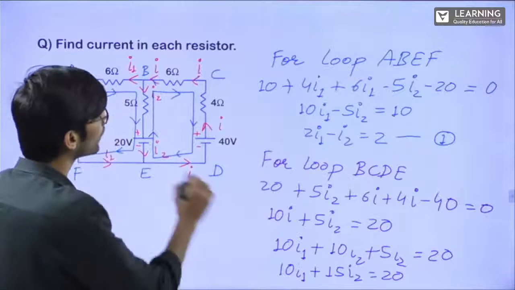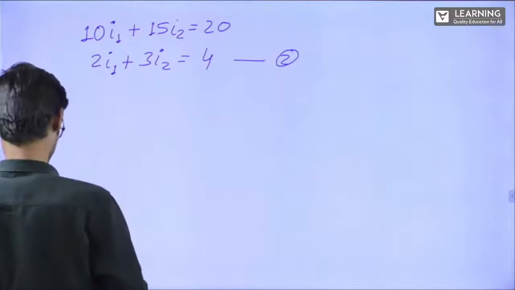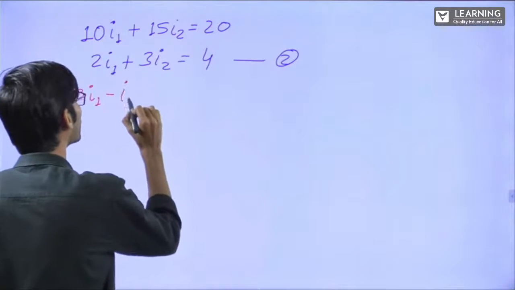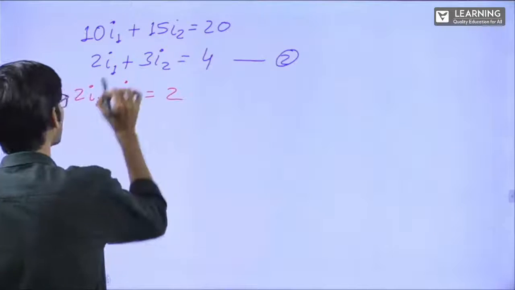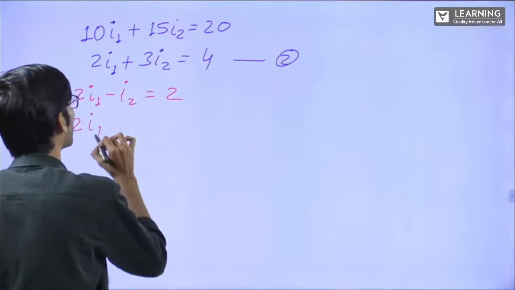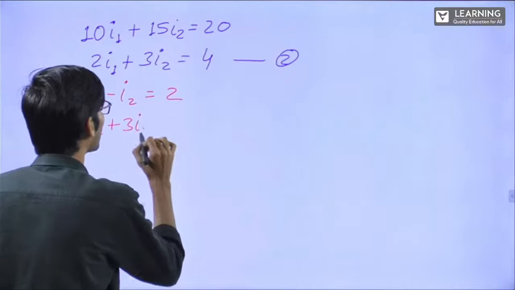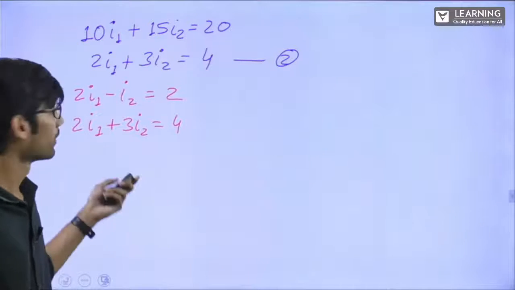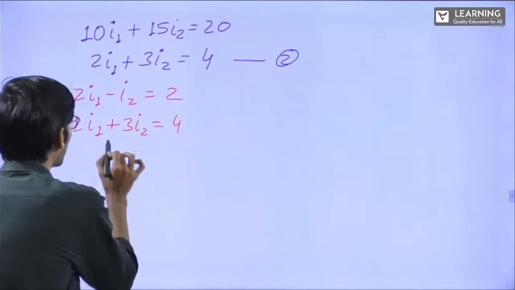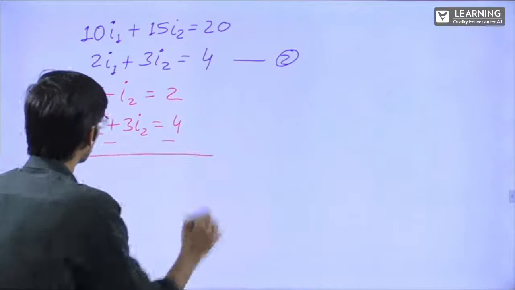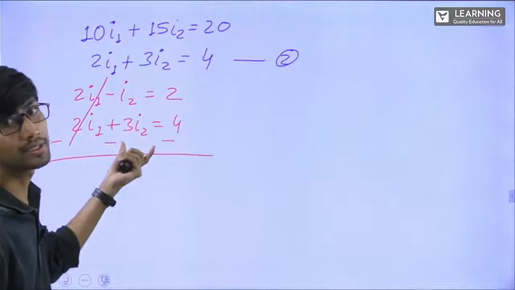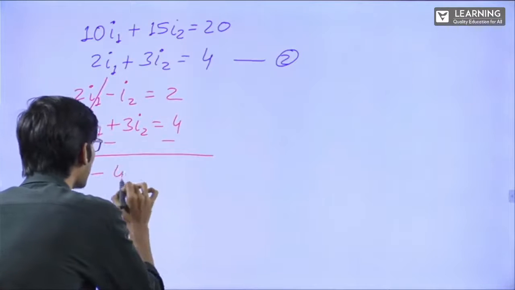So this is 2I1 minus I2 is equal to 2. And this one is 2I1 plus 3I2 is equal to 4. Correct? So if I subtract, these and these will be cancelled. Minus I2 minus 3I2 is minus 4I2.